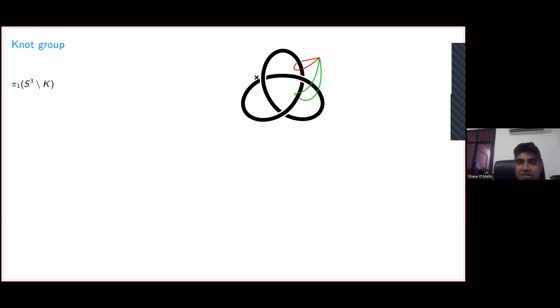So you projected the knot, and if you project a knot, then of course you'll get these crossings over here. And if you just took an ordinary projection, they will appear as double points. They'll appear locally as 2 lines which are intersecting.